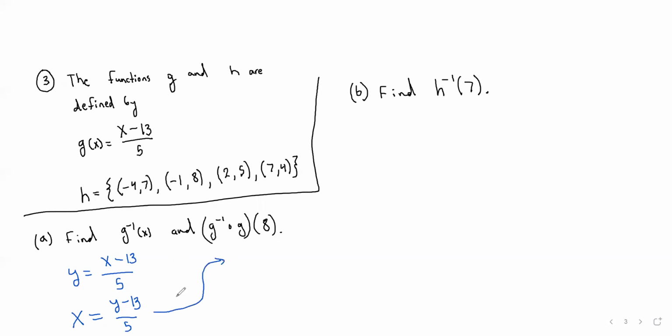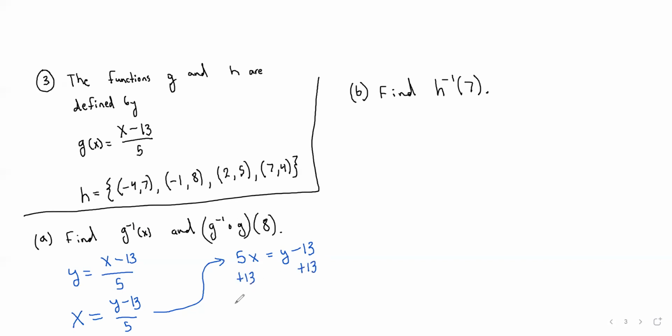To solve for y, we're going to first multiply both sides by 5. So the left becomes 5x. And on the right, if I multiply by 5, this 5 will cancel with the denominator, so we'll just have y minus 13. To finish solving for y, we just add 13 to both sides.